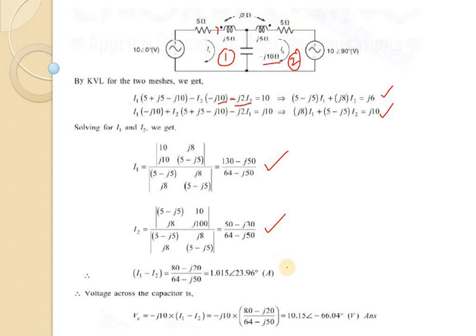So I1 minus I2 is this value, and the voltage across the capacitor is the value of XC into the current I1 minus I2. So I into R, we get the voltage drop, and that is what we have calculated. In that way, we can calculate this problem.